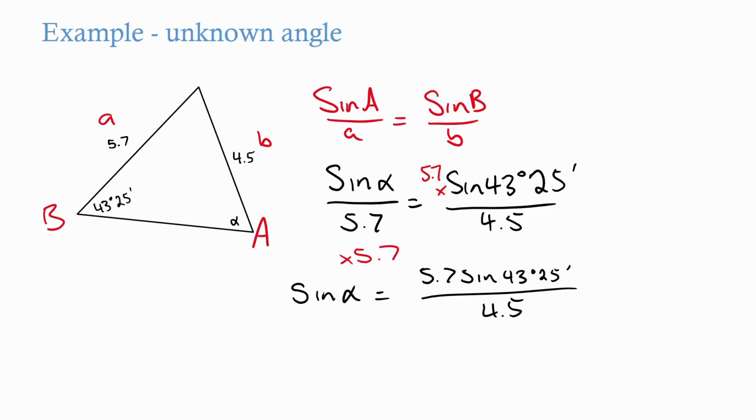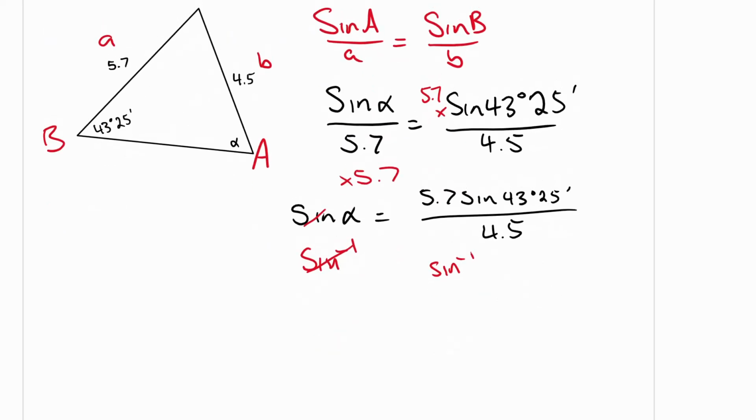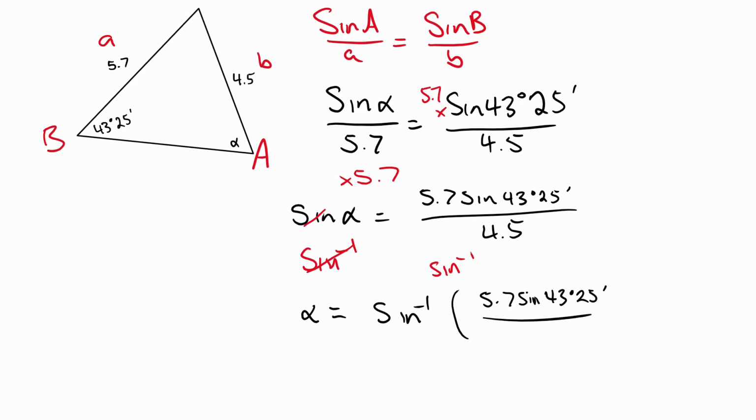But remember, we don't want to find what sine alpha is, we want just what alpha is. So we need to take the inverse of all this over here. They cancel out, and we get alpha equals the inverse sine of 5.7 sine 43.25 all over 4.5. Put that in the calculator and you end up with 61 degrees, 22 minutes, and 32 seconds.